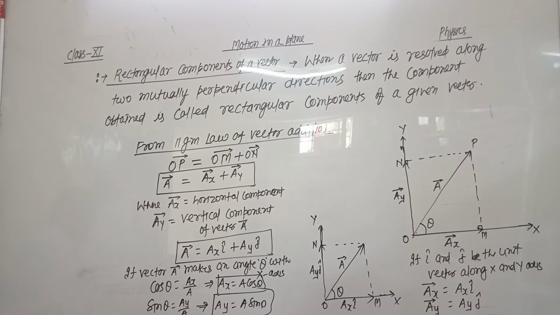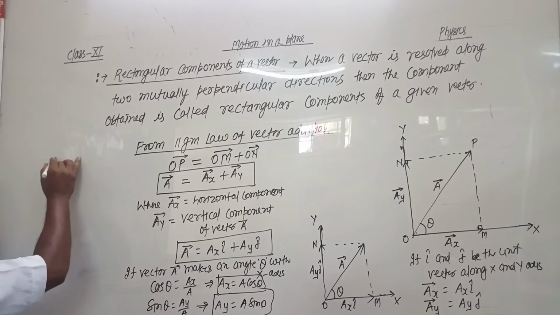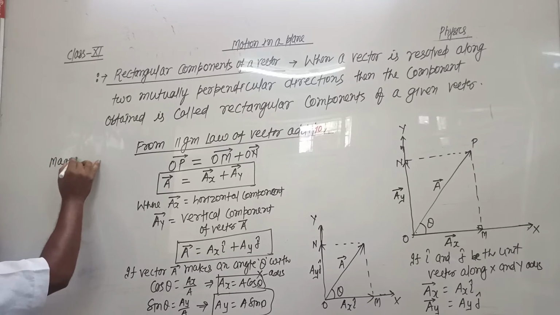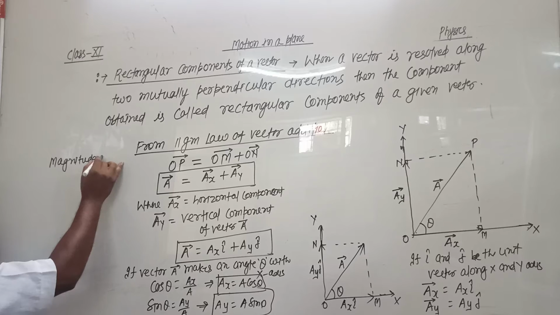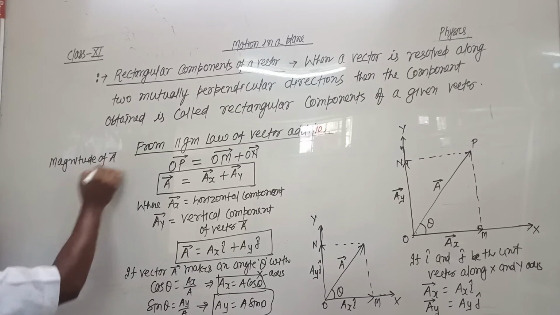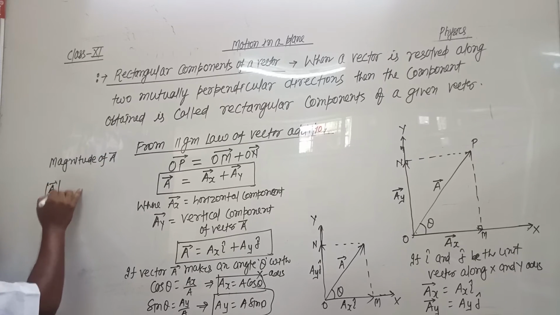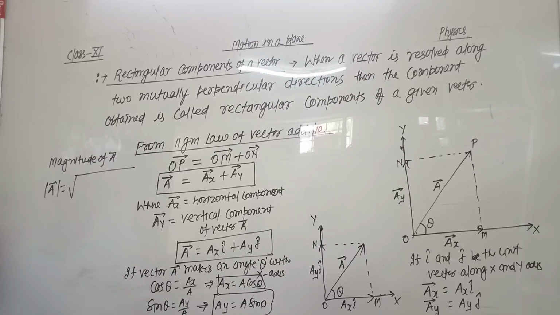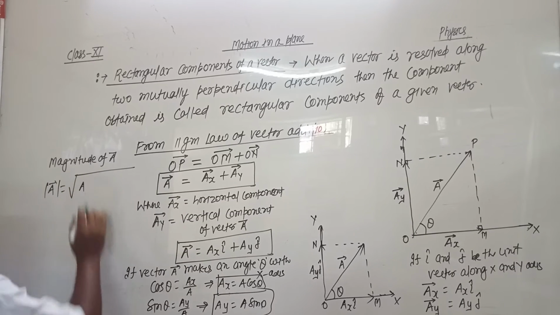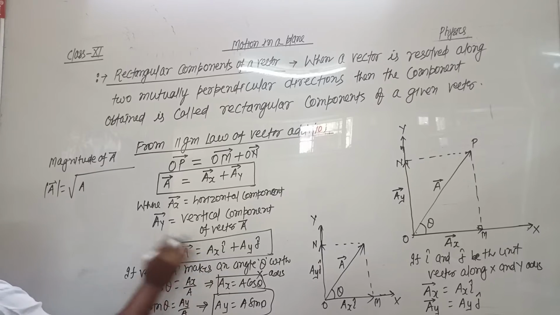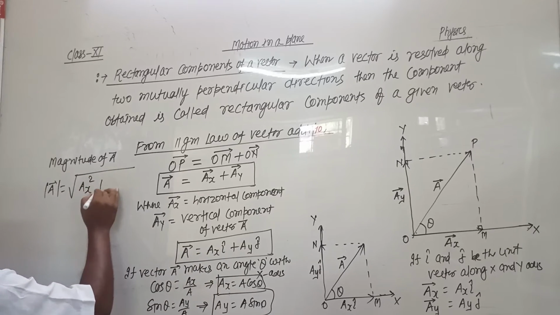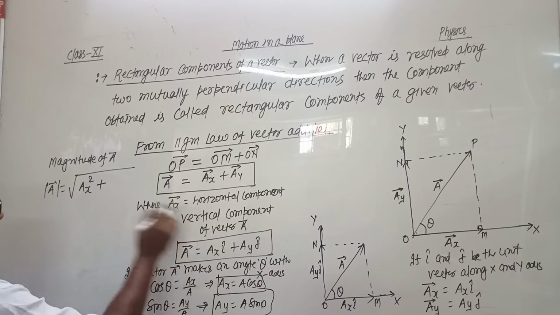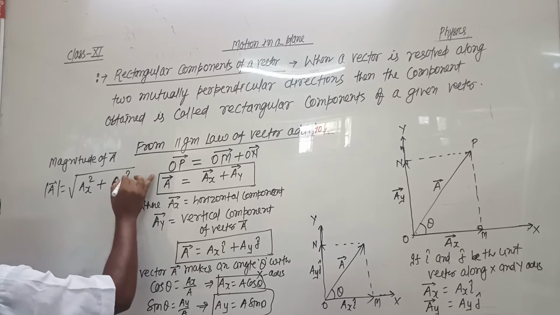Now for finding the magnitude of vector A, we square the x component and y component and add. The coefficient of i cap is AX, so AX square, and the coefficient of j cap is AY, so AY square.